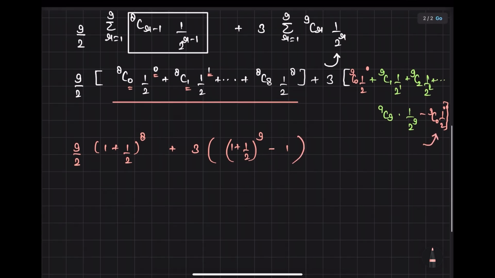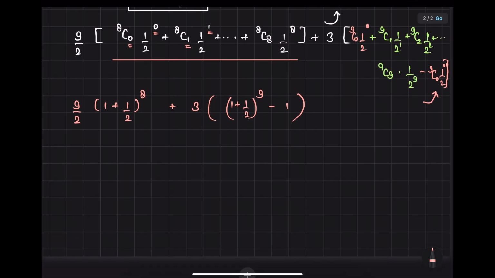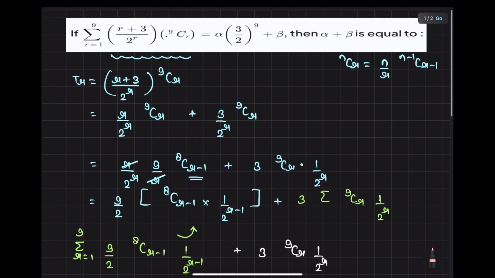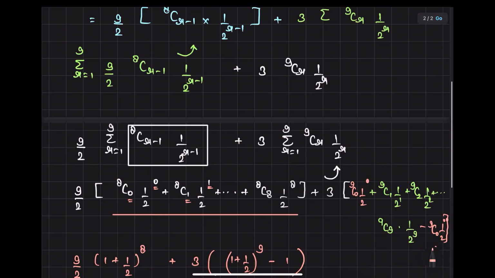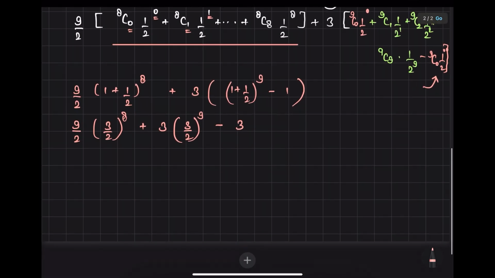Okay, now look at this. Can I write this thing as 9 by 2, then 3 by 2 power 8, plus 3 times 3 by 2 power 9, minus 3. Like how they wrote the answer? Okay, 3 by 2 power 9. So we have to take 3 by 2 power 9 common. So we have to create this 3 by 2. So look at this.